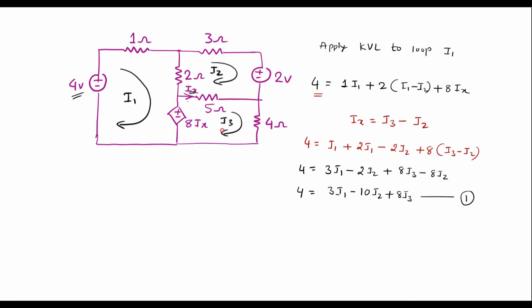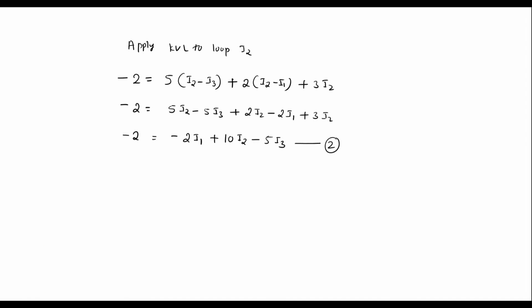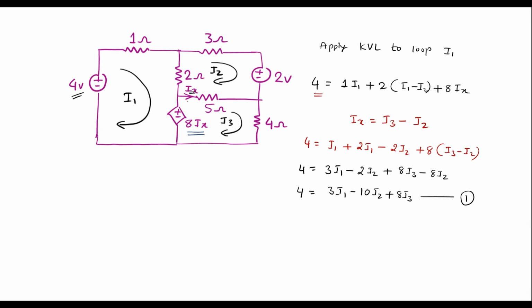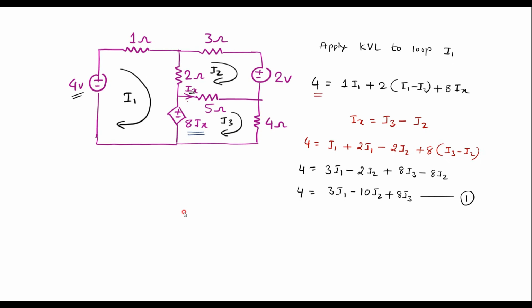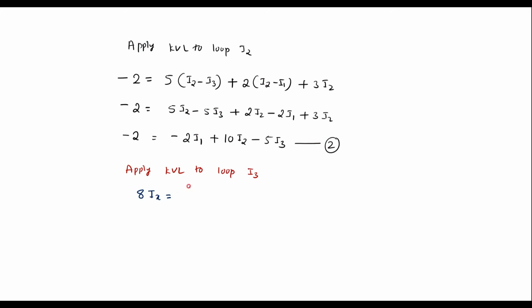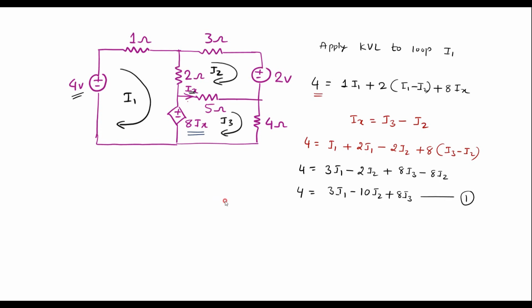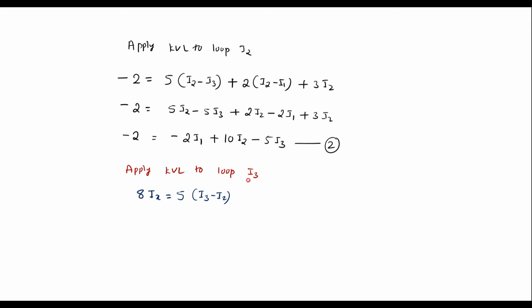So now let me apply KVL to loop I3. Let me start from the voltage source, that is 8Ix. I can write 8Ix is equal to, moving along the direction of current, the voltage across the 5 ohm resistor, 5 times I3 minus I2, then the current flows through the 4 ohm resistor, that is plus 4 I3.